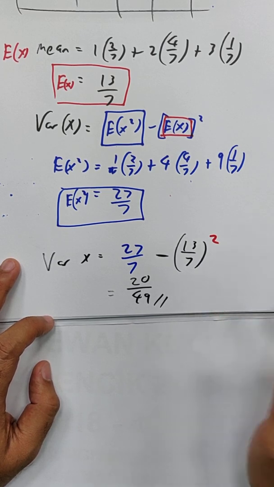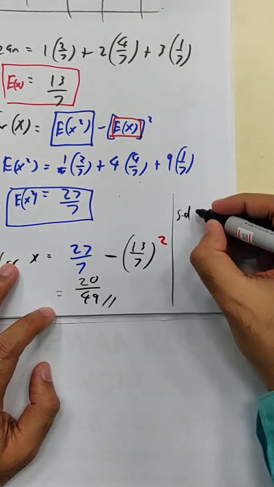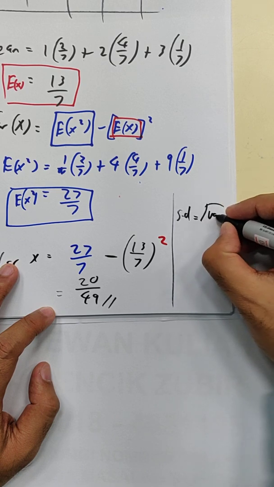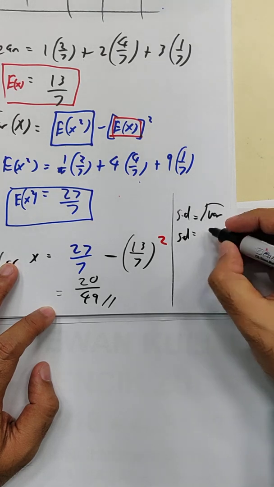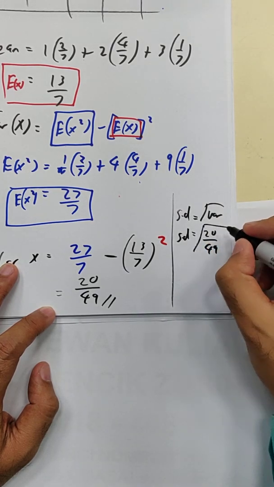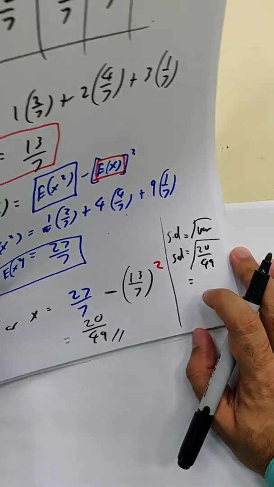Now, how do I calculate the standard deviation? Square root the variance, right? Square root of 20 over 49. Well, I don't mind if you give decimals. It's quite fine.